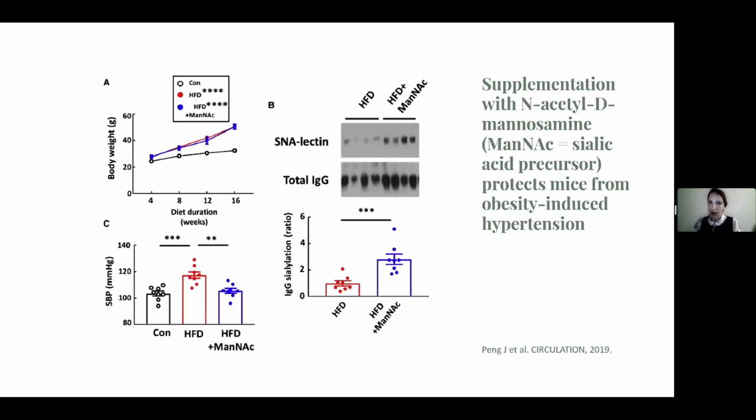And not only that, but when these mice were supplemented with N-acetyl-D-mannosamine, which is basically a sialic acid precursor, the increase in blood pressure was reversed. So they again had a blood pressure the same as the control mice, meaning that in this case we have these pro-inflammatory immunoglobulin G glycans, this hyposialylated IgG, acting as a functional effector, somehow driving this cardiovascular disease, this hypertension.